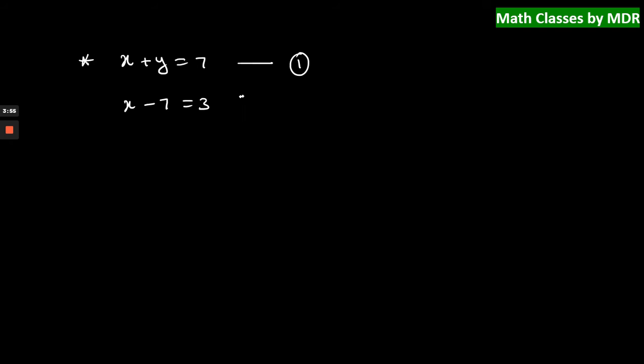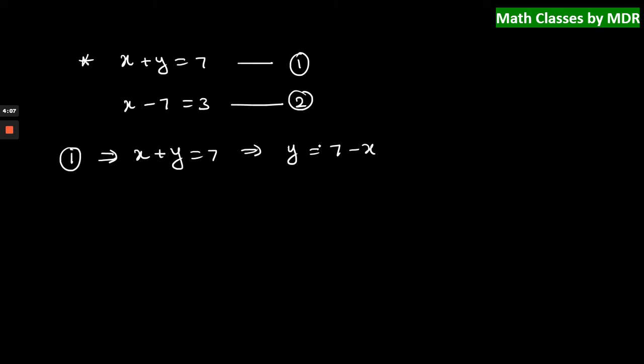Let us take the first equation again. From the first equation, let us write x plus y equal to 7 as y is equal to 7 minus x. Now let us put this value of y in equation 2.